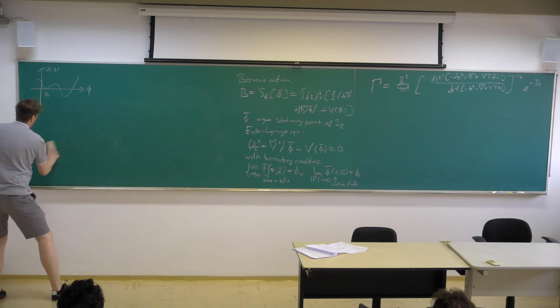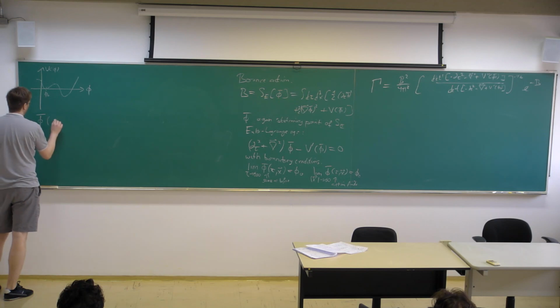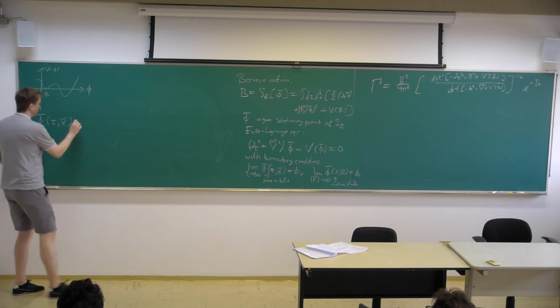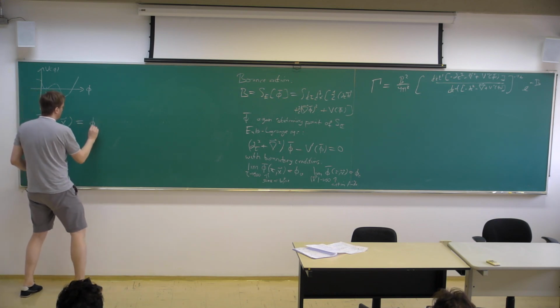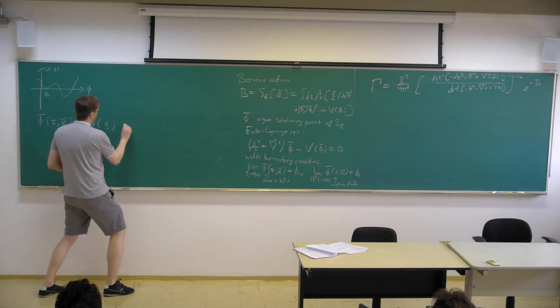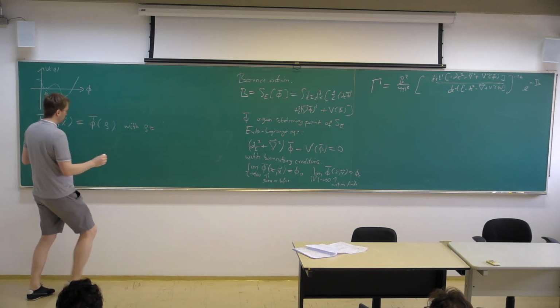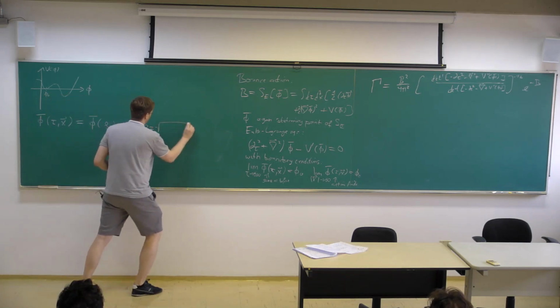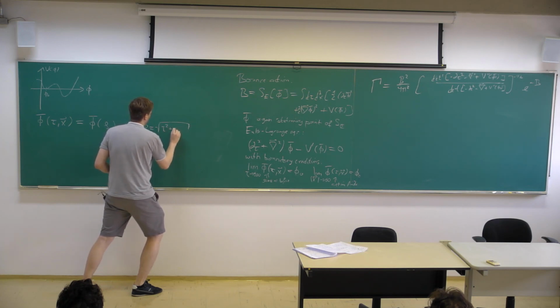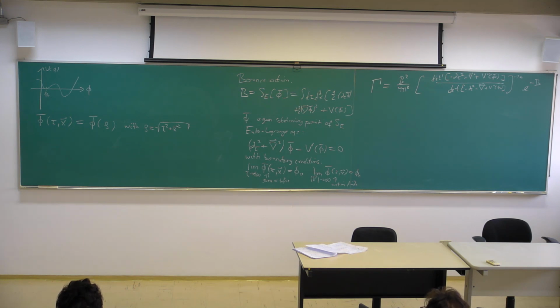This means that our bounce, which in principle is a function of the four coordinates of Euclidean space, we can restrict to a function of just one coordinate, the radial distance in the space, where rho squared is tau squared plus x squared.